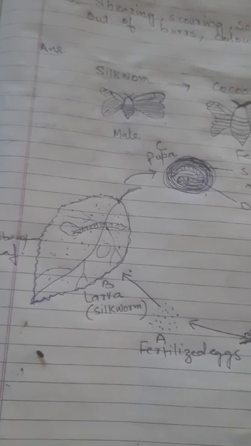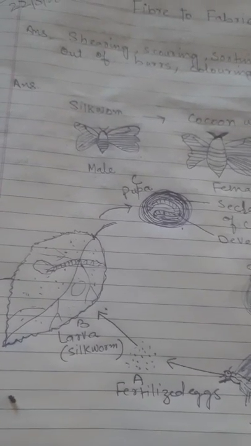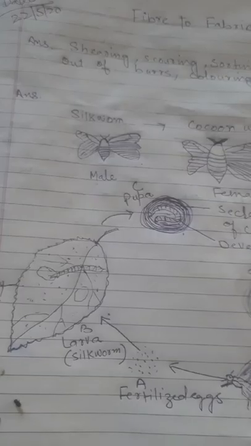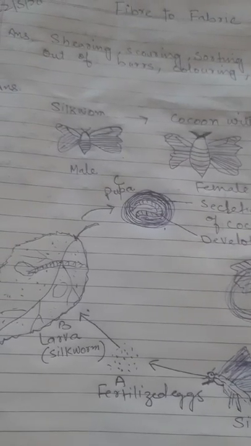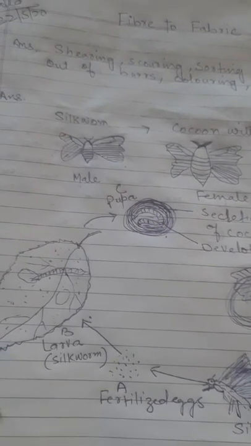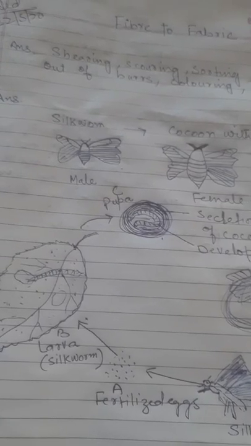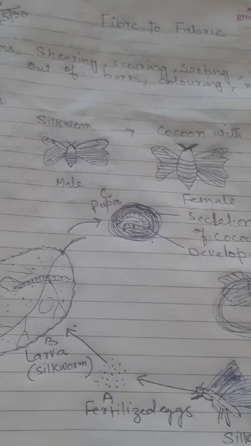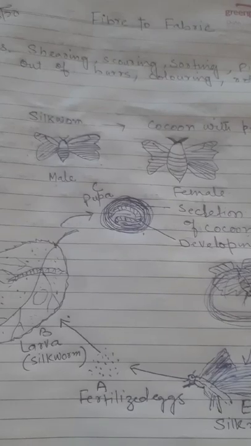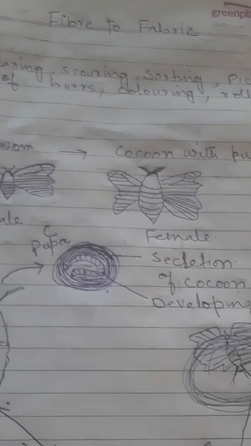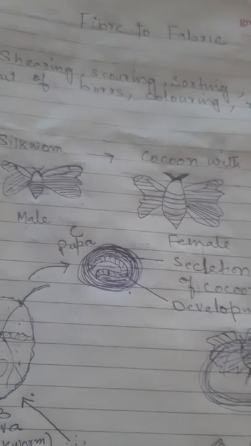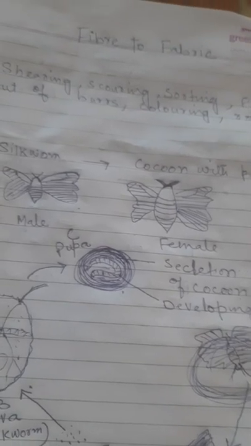The caterpillars secrete a protein layer around themselves, and that layer when exposed to air hardens. That forms the cocoon. This is the cocoon, its pupa, and the moth gets closed inside it.